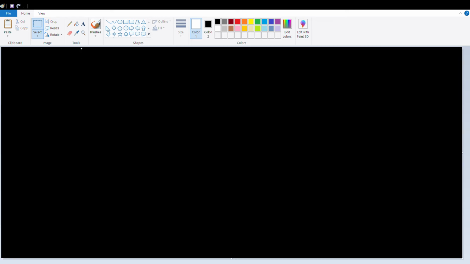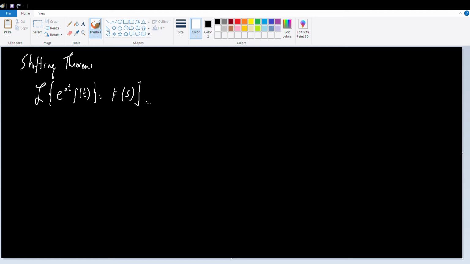Let us go now to the shifting theorem. That says that the Laplace transform of e to the at f of t is equal to F of s, the Laplace transform of f of t, with s transformed to s minus a.